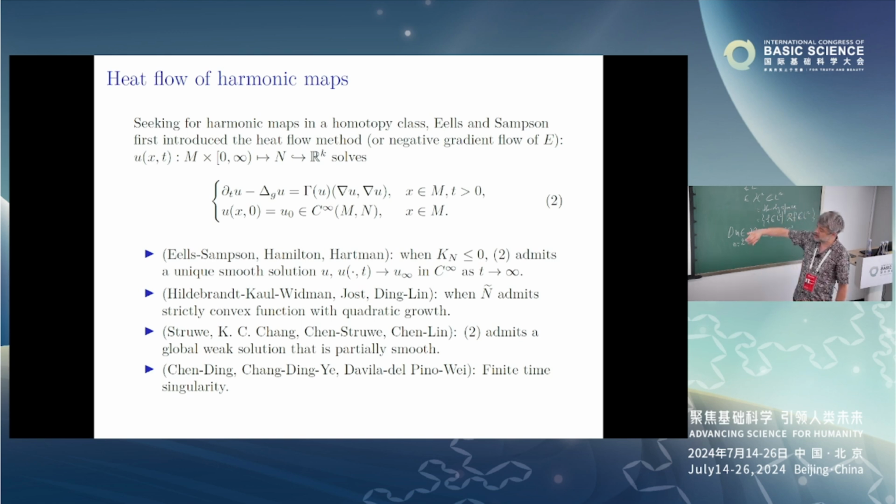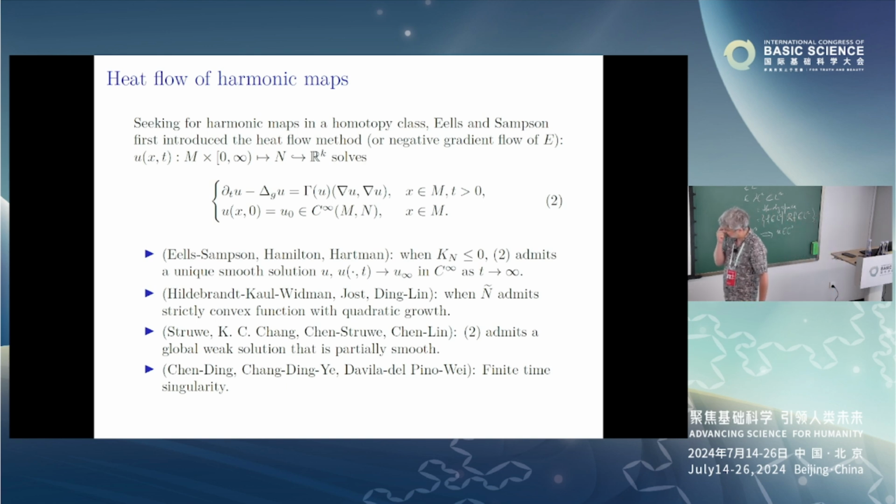They proved that whenever the target is negatively curved in a pretty strong sense, the flow is globally defined. It doesn't blow up in finite time, and it converges at infinity to a solution of the equation. So it's going to be a harmonic map from your initial manifold M into a negatively curved target.